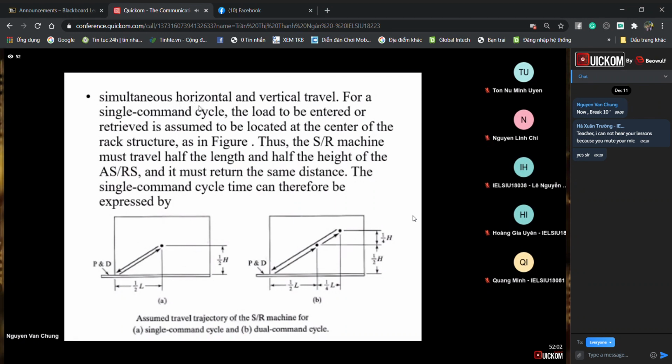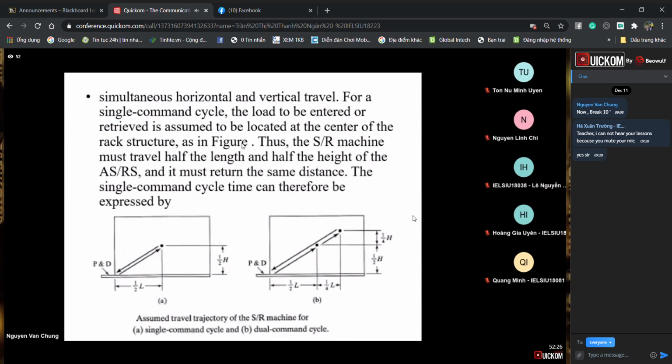Simultaneous horizontal and vertical travel for the single command cycle: the load to be entered or retrieved is assumed to be located at the center of the block structure.